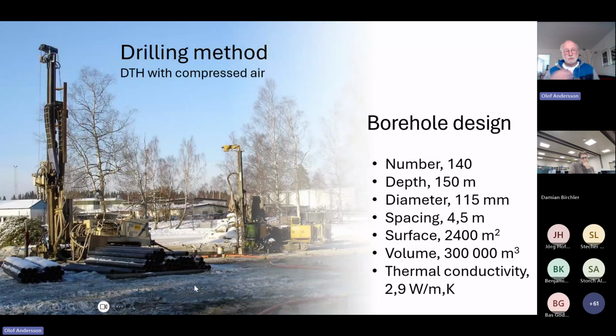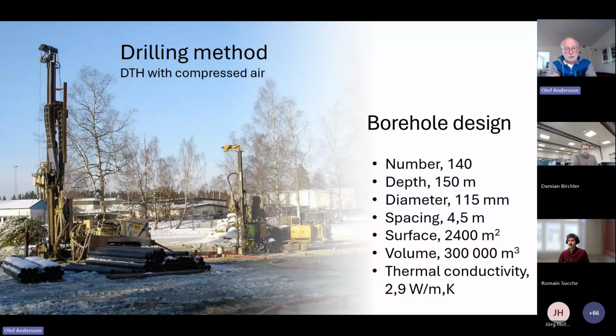The boreholes were drilled with compressed air, hammer drilling. See if we can see the number here. It's 140 boreholes with a spacing of 4.5 meter only. The depth is 150 meter.